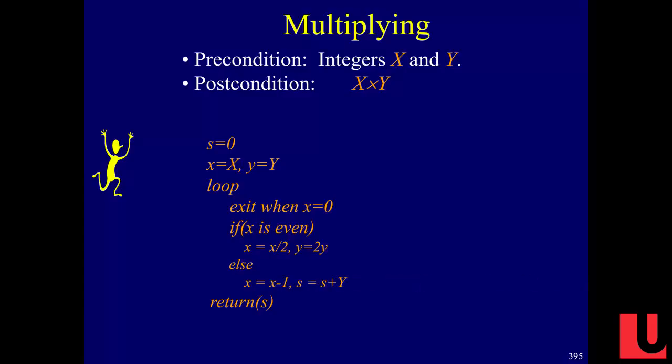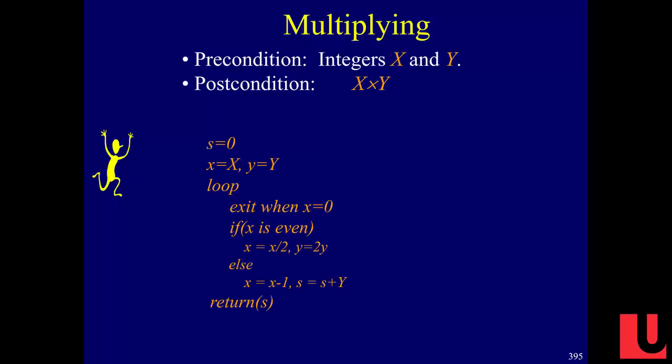Well, we had that other algorithm. That other algorithm is pretty good. It subtracts 1 from x and adds y to s. Now, is this going to maintain our loop invariant? It'll maintain our loop invariant. Why? Because, as if I dove in from Mars, I know the loop invariant's true.